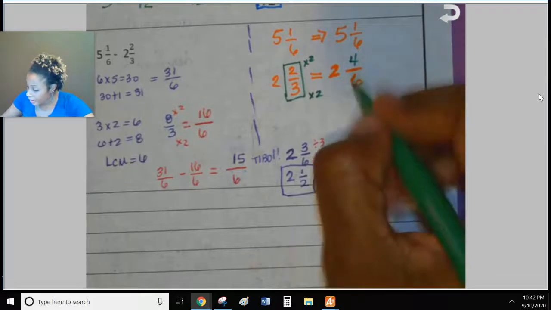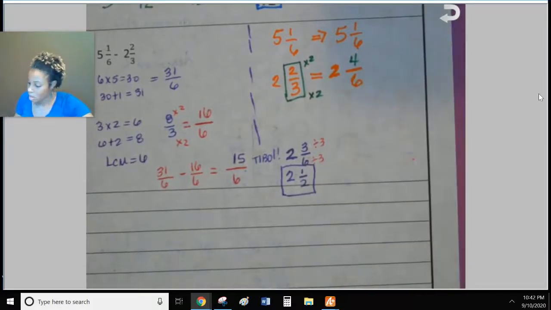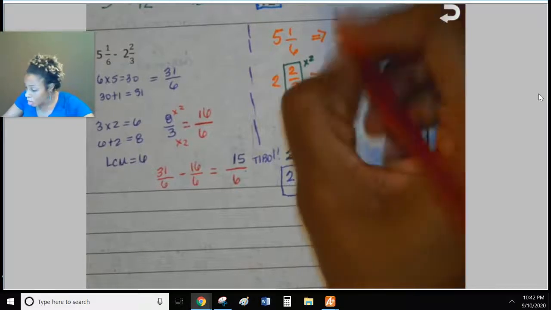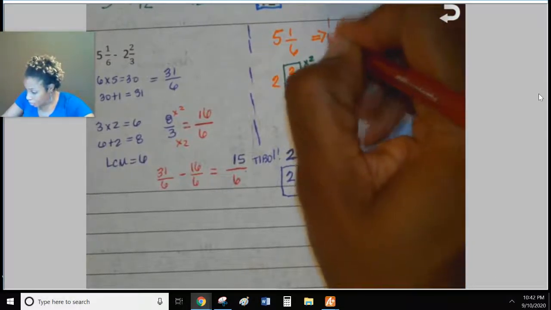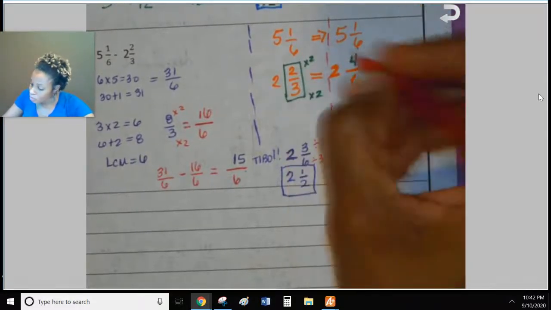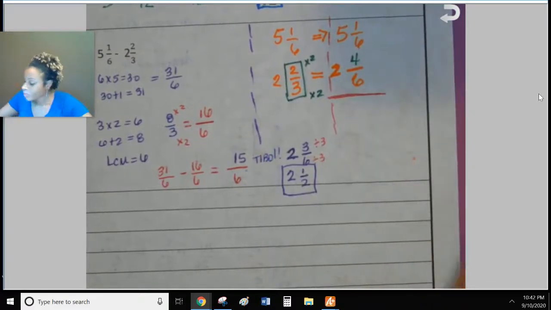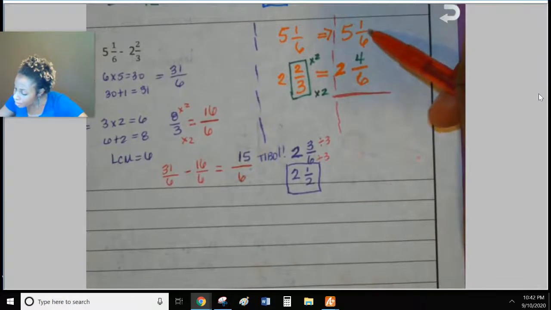So I'm going to do this all in this one space. I hope it does not confuse you. Well, let me put a little barrier here. I'm going to subtract this problem because it's a subtraction problem. 1 minus 4.